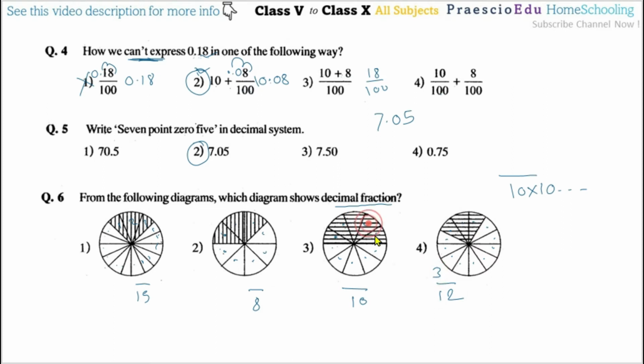So decimal fraction means denominator should be a multiple of 10 or 10, means option number 3 is the correct one.